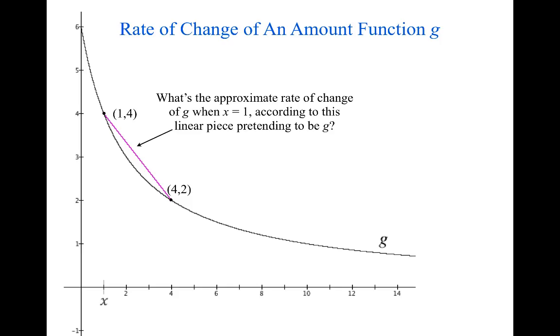I want to approximate the rate of change of this function g when x equals -1. So what is the value of h that I'm using to do that? I'm using an interval width of 3 because it's starting at 1 up until 4.